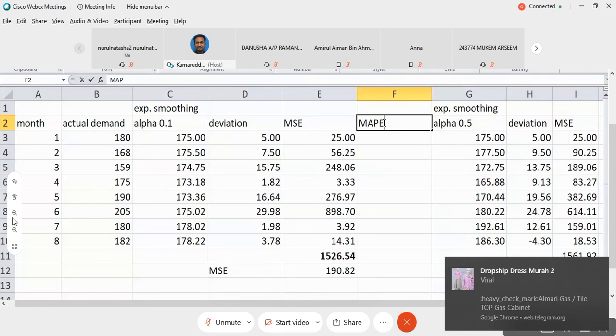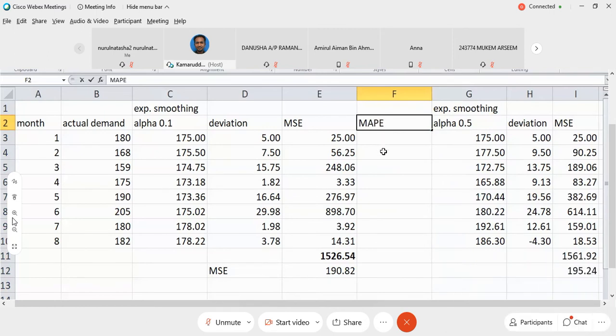So in the MAPE, the first step is to find the percentage of the error from the actual demand. So the deviation here is the error in the forecast.